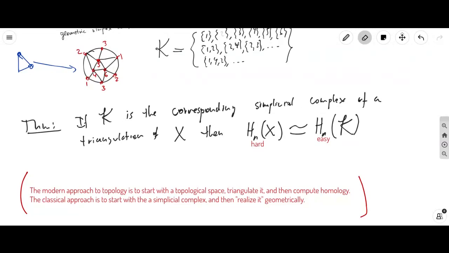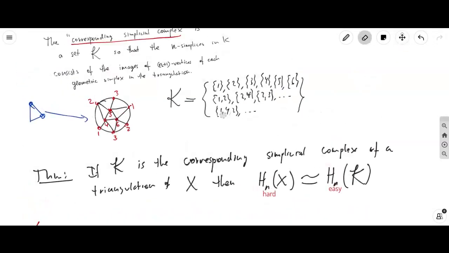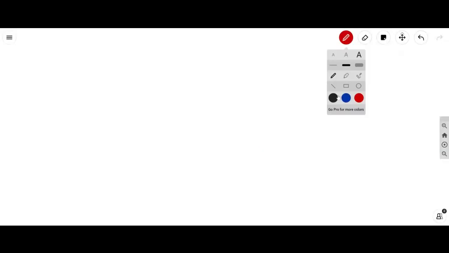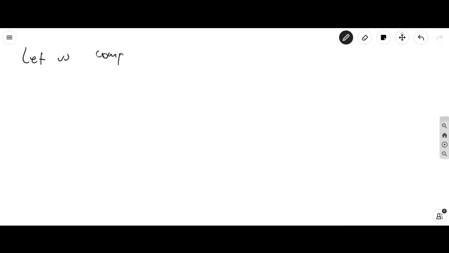Now, I would like to show you a nice example of how you would do this. So let's calculate the homology of the projective plane by using this theorem. So this over here is going to be our corresponding complex. And let us compute the first homology of the projective plane.